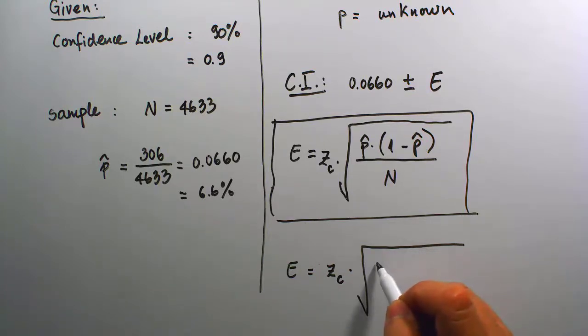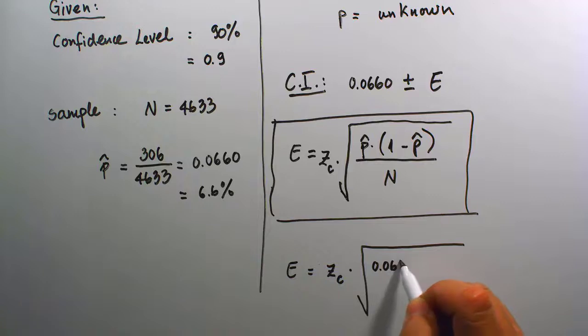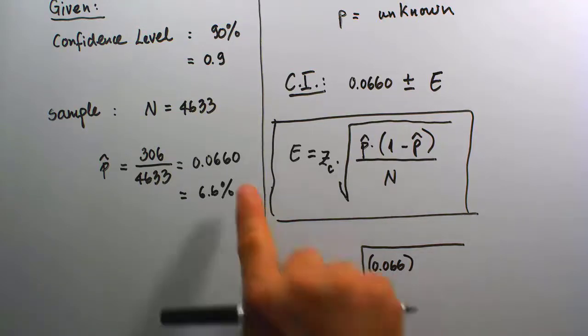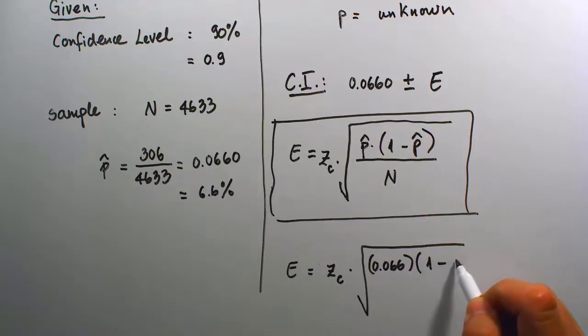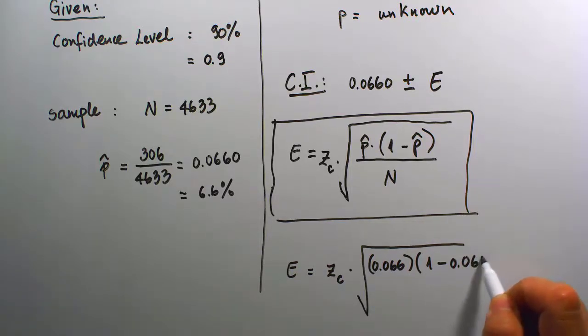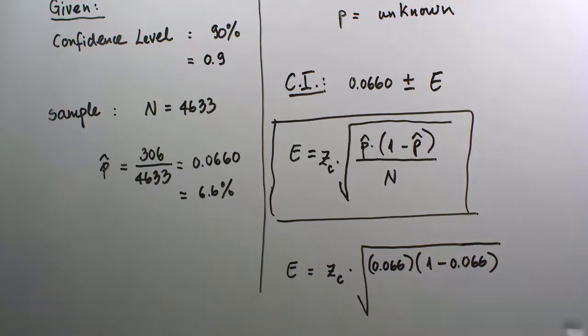So what we're looking at here is 0.066, and I don't think we need to write that ending 0 there in the fourth decimal, multiplied with 1 minus 0.066, and we are dividing by our sample size being 4633. All of a sudden we realize that we've had a lot ready for this formula already. So the only mysterious thing that's waiting for us right now is this value of the z sub c.